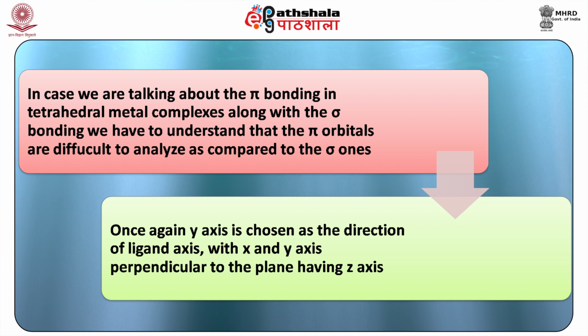In these cases, we are talking about the pi bonding in tetrahedral metal complexes along with the sigma bonding. In this case, we have to understand that the pi orbitals are difficult to analyze in comparison to the sigma ones. Once again, the y-axis is chosen as the direction of the ligand axis, with x and y axes perpendicular to the plane having the z axis.